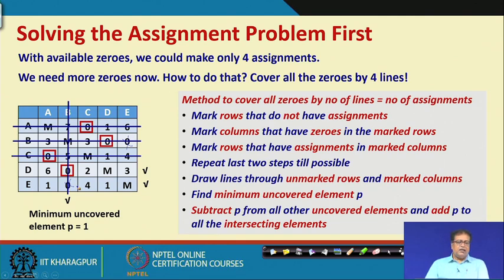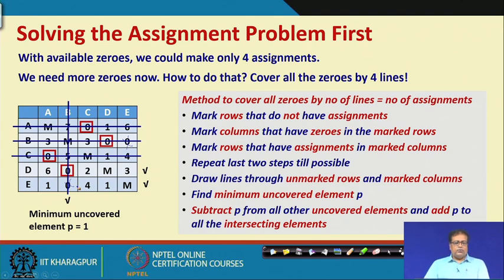It should be very clear to you that although there is a proof, but I am not going into the proof and all, that we should not have more number of lines to cover all the zeros, because if we have more number of lines, then the problem's optimality will be altered. It is all right. So, we should be careful that we should not have more number of lines to cover all the zeros than the number of assignments that we have made at a given point of time.